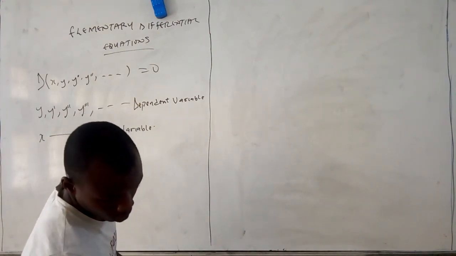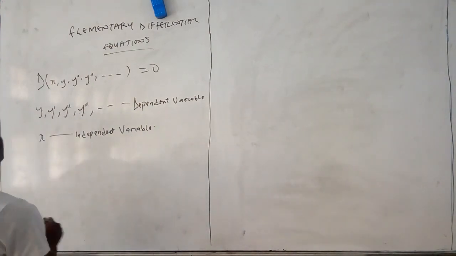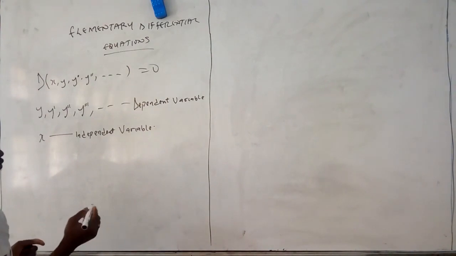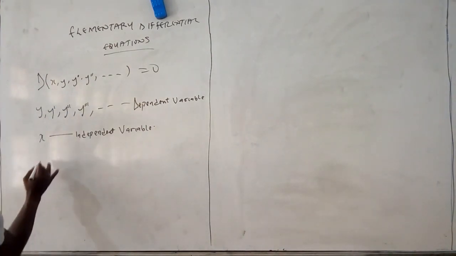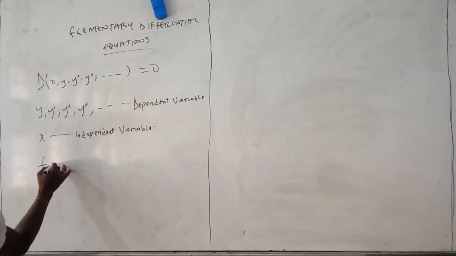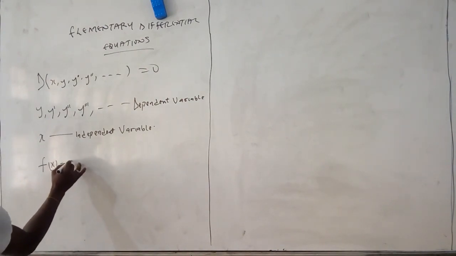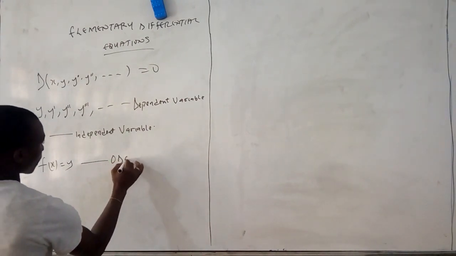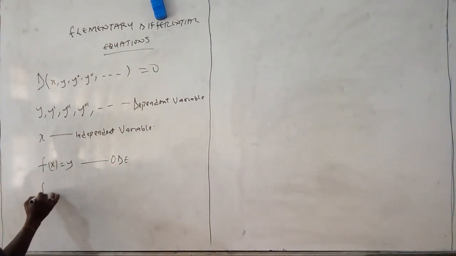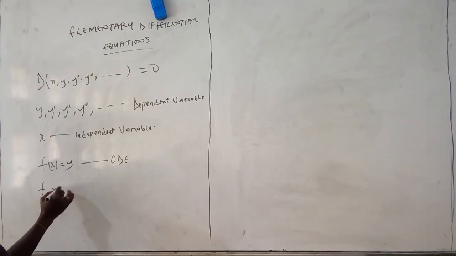So for each of these, we have two types of differential equation. We have the ordinary differential equation and we have the partial differential equation.